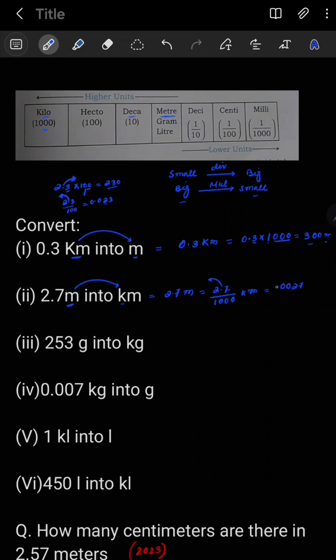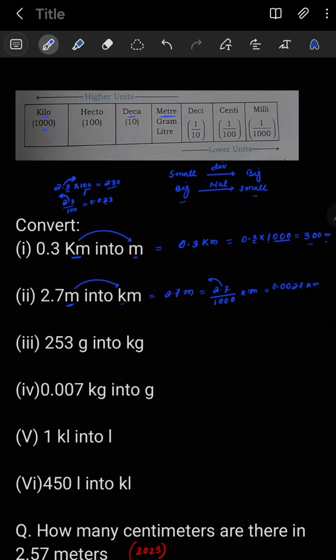Here you have to give the point and right here 0. This much is kilometer. So it is 0.0027 kilometers. Like that you have to convert. For division the point is sweeping left side, and for multiplication the point is sweeping right side.